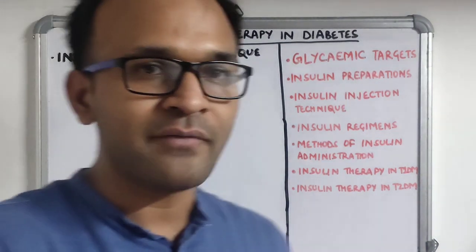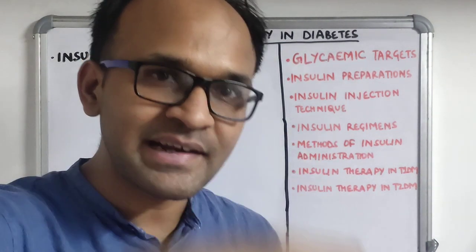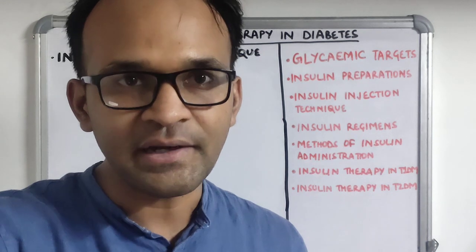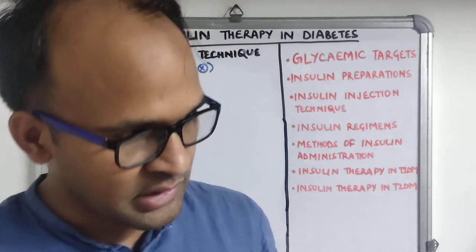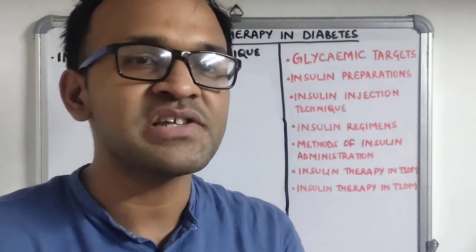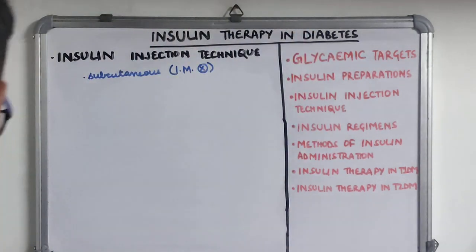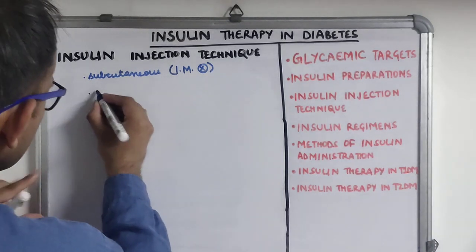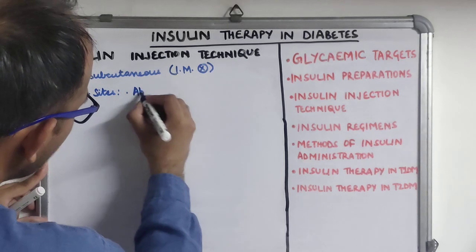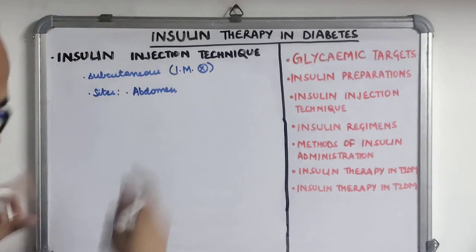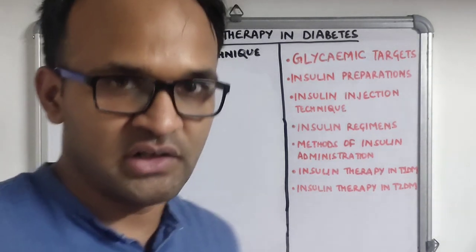For that, you have to inject at 90° to the surface. In very thin individuals or in small children, it may be given at 45°, but otherwise it should be injected at 90° to the surface. Now, what are the sites of insulin injection? You can inject on the abdomen, but remember, avoid injecting within 2 inches around the navel, the umbilicus.